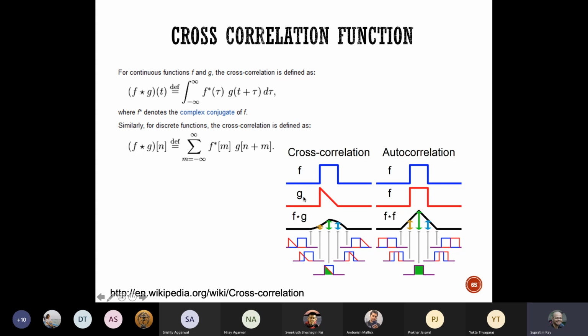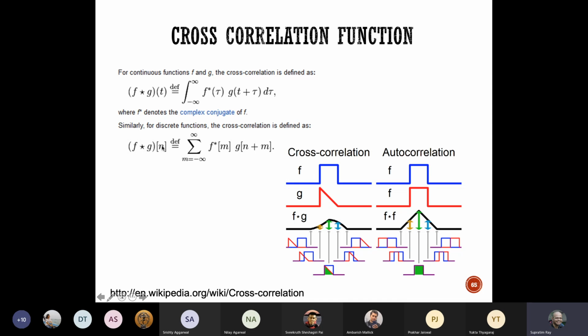So let's look at f and g, two functions like this. Initially, I will just take a dot product. So this with that, that with that, this with that, and so on, point by point product, and add them up. Suppose I want f star g, this is cross correlation at a lag of 0.